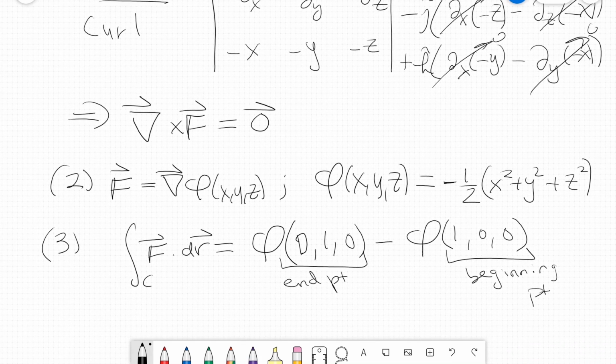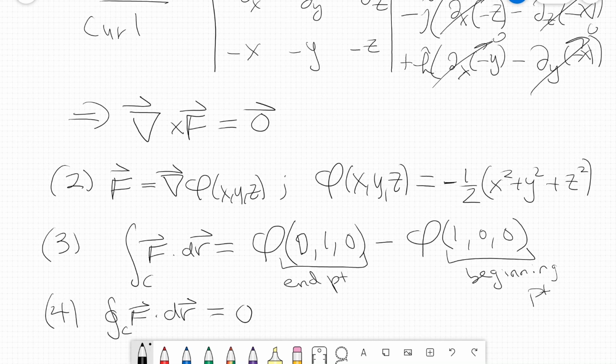Our last insight is to realize that if all that matters is the beginning and end point, what if we chose the same point for the beginning and end point? So let's take a simple closed curve with the same beginning and end point, and we should have found that it's equal to 0. So the work done around any closed simple path should be equal to 0.